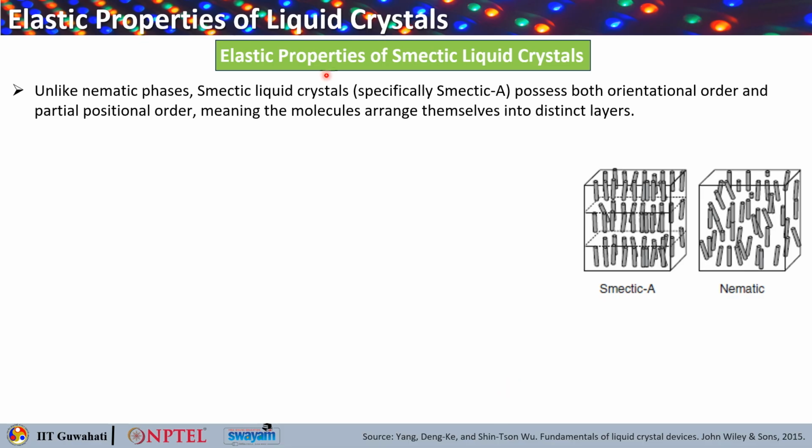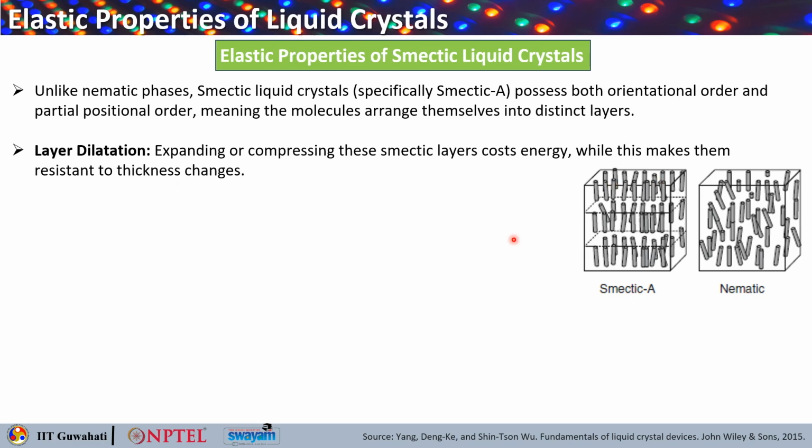So, let us quickly see the elastic properties of these smectic liquid crystals. Unlike the nematic ones, the smectic liquid crystals, particularly the A type, possess both orientational as well as partial positional ordering. That means the molecules arrange themselves into distinct layers.